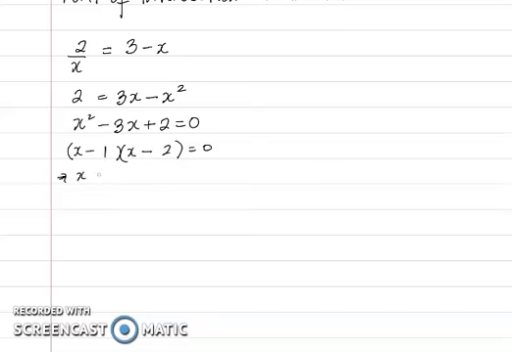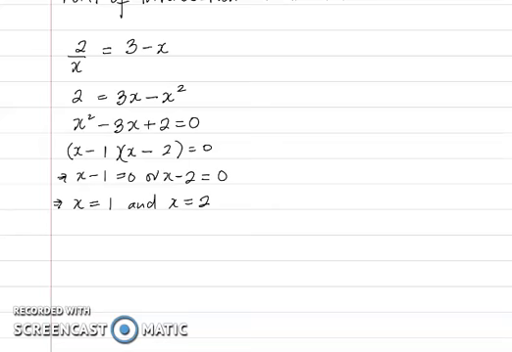Therefore, x minus 1 is equal to 0, or x minus 2 is equal to 0. Therefore, x is equal to 1 and x is equal to 2 are the values of x at the points of intersection of the two graphs.